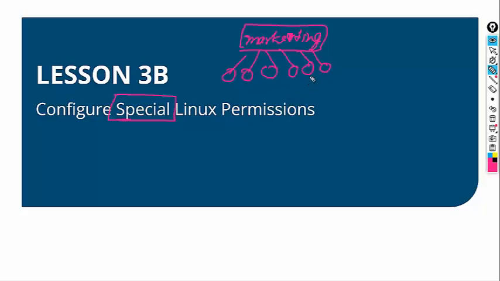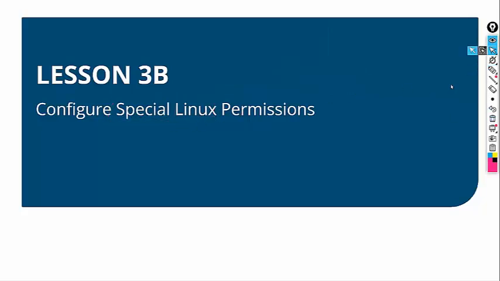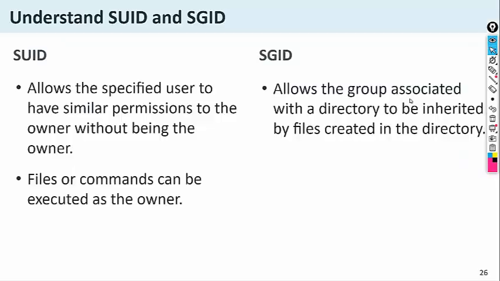But if I want to provide a special permission to any user, how can I do it? We can do it by using special permissions. So what are special permissions and how can we implement them, we will discuss in this session.